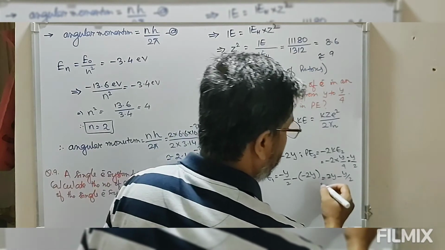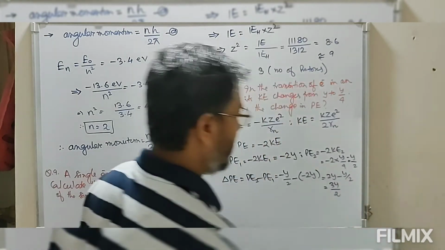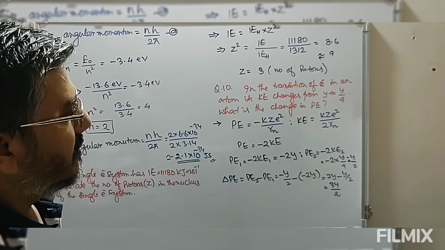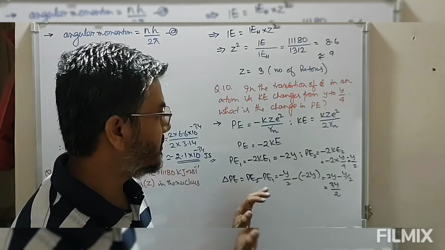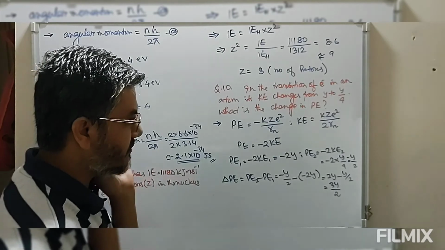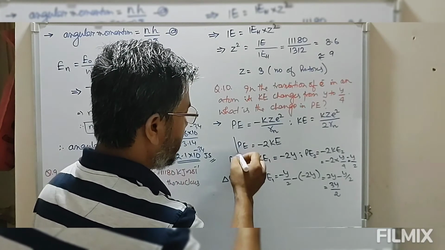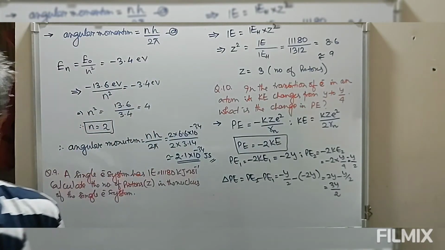So that is 3Y by 2. This is the change in potential energy for which the kinetic energy changes from Y to Y by 4. We are using the relationship that potential energy is equal to minus 2 times the kinetic energy.